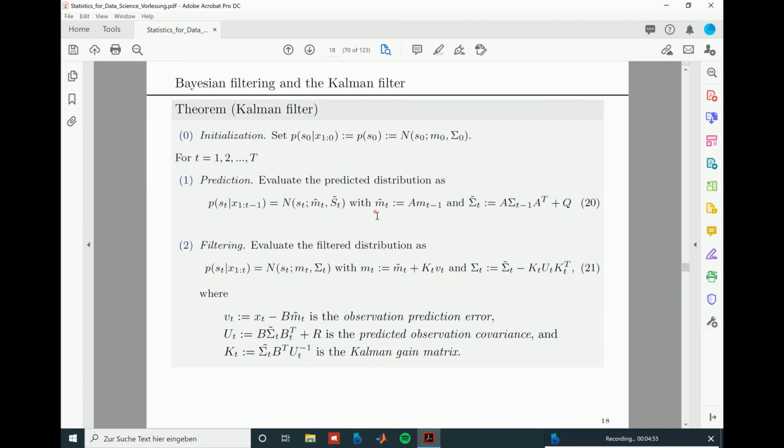Then you say, okay, the system transfers this into a next expectation parameter tilde m_t by multiplying this with A, and then the system, based on this forward moved expectation parameter, transforms this into an observation by applying B, and then you compare this with the observation so that you get this observation prediction error, and you update your predicted expectation by this prediction error times the Kalman gain matrix.